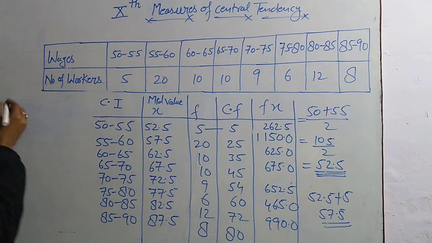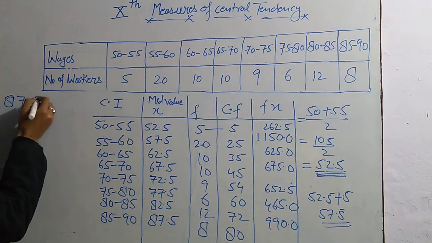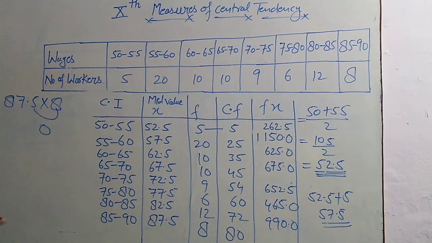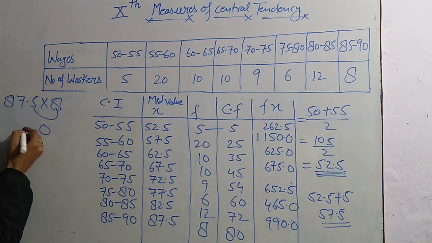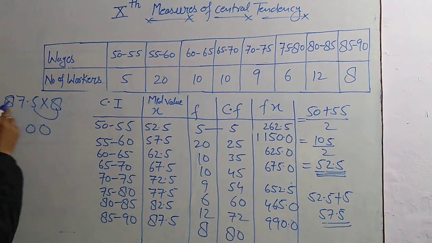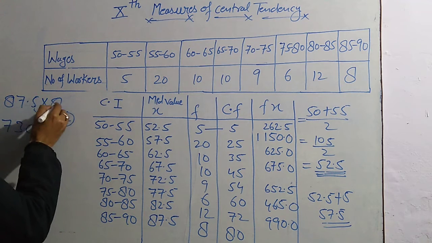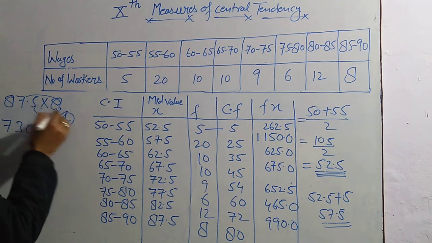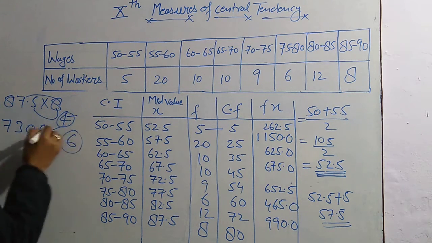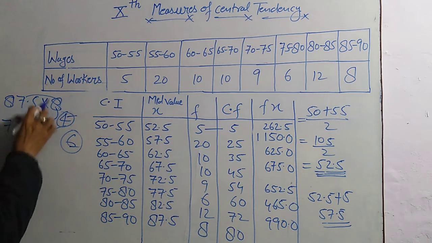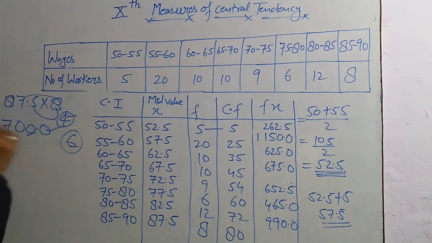87.5 multiplied by 8. 8 5s are 40, carry 4, 8 7s are 56, 56 and 4 is 60, carry 6, 8 8s are 64, 64 plus 6 is 70, and the decimal is here.